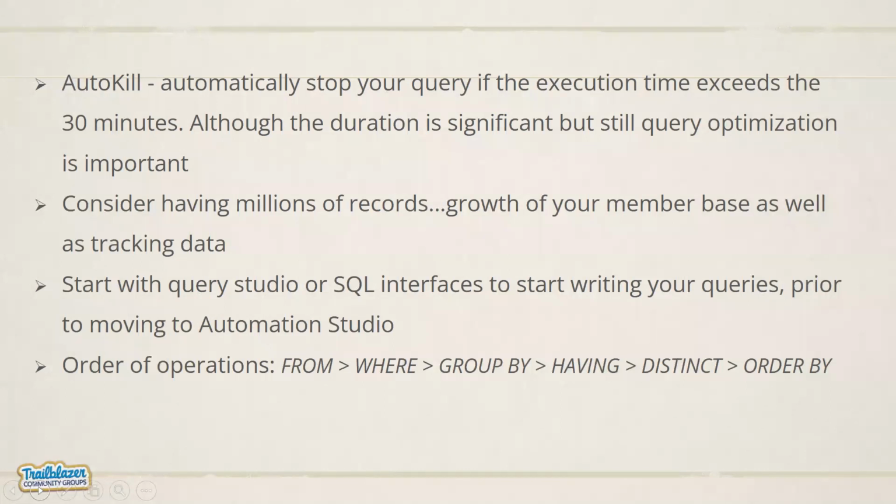Query optimization is the key, because Marketing Cloud has this auto kill feature, which automatically stops your query if the execution time exceeds 30 minutes. Although 30 minutes is a very significant time, when your data grows, if your joins are not correct, if your where condition is not correct, you are joining on a field which is not indexed, which has too much data.